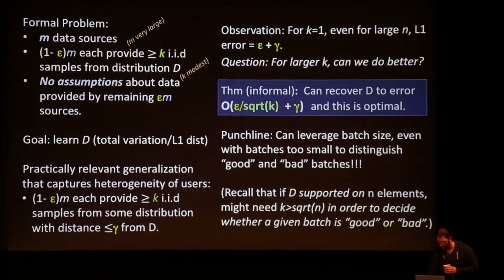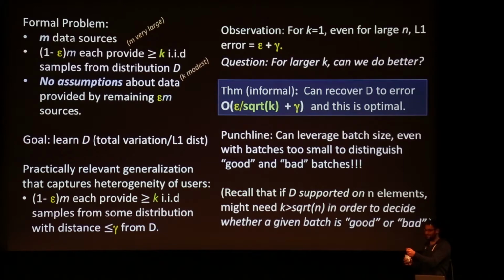Okay, so why is this kind of surprising? Well, the punchline is that you can leverage this batch size even when the batches are far too small to distinguish which data sources are good and which are bad. Recall that if your distribution D is, say, supported on n elements, you might need at least, say, square root of n samples to distinguish whether a given batch is good versus bad.